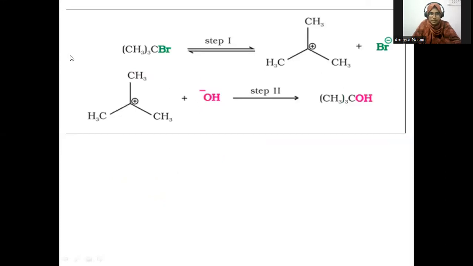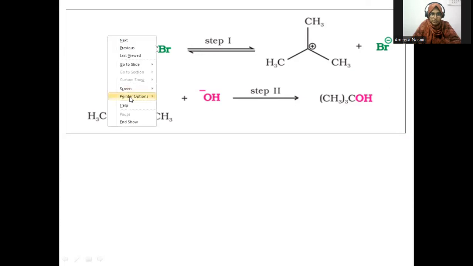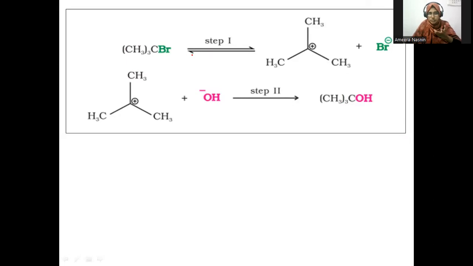This SN1 mechanism, substitution nucleophilic unimolecular reaction, occurs in a two-step mechanism. In the first step, the carbon and halogen bond gets broken and we get a carbocation.